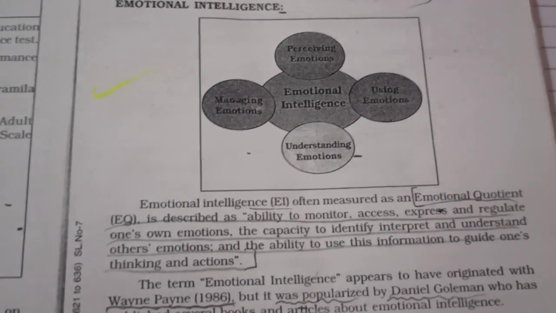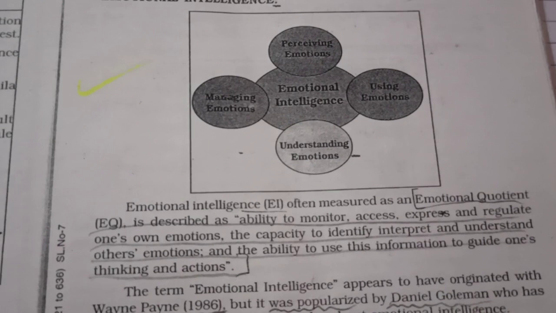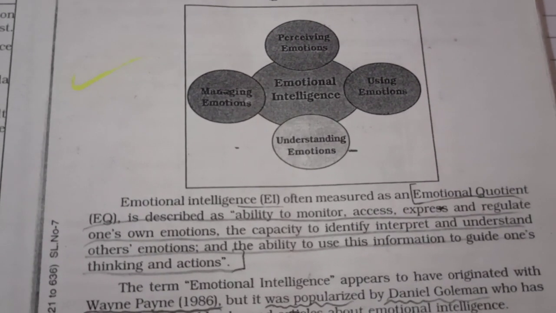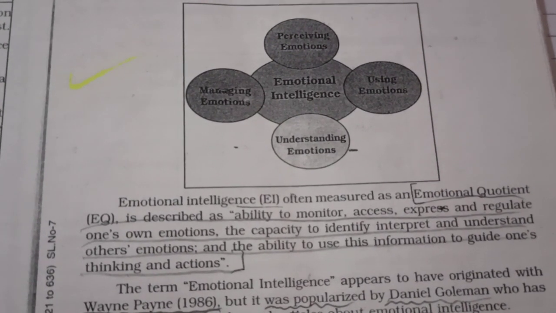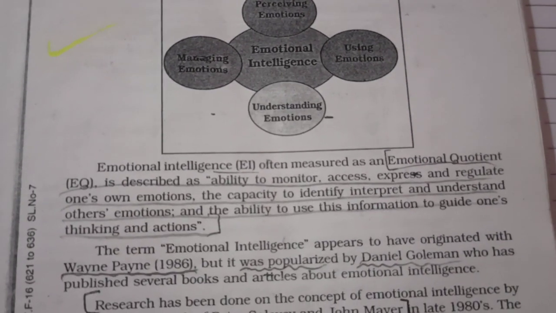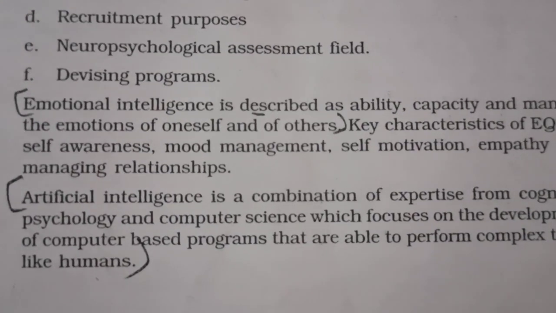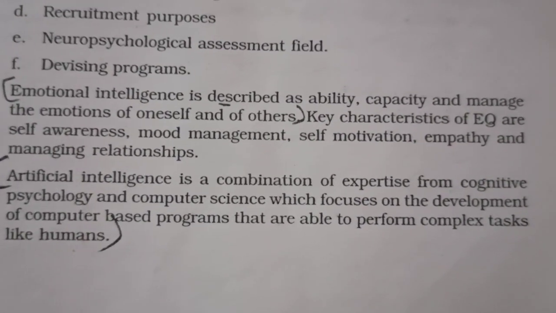The next topic is emotional intelligence, and then we have artificial intelligence. You just have to go through this. I have told you that these are the remaining things in this chapter.